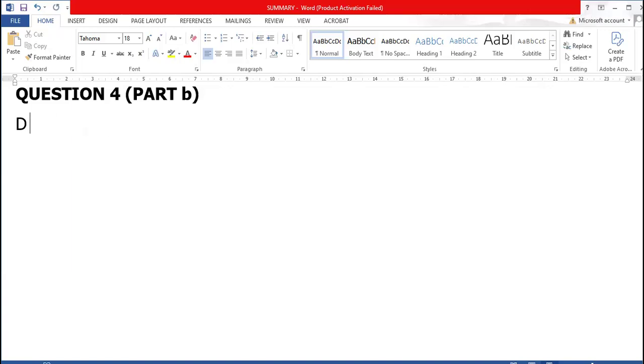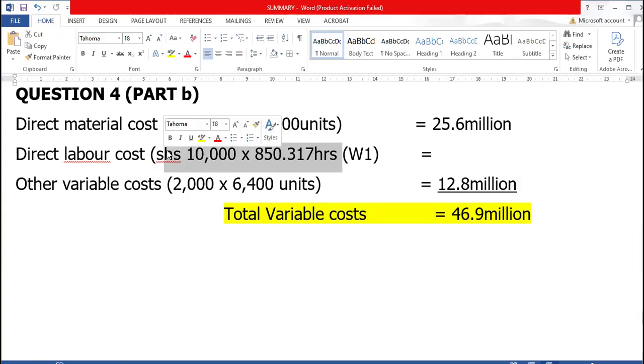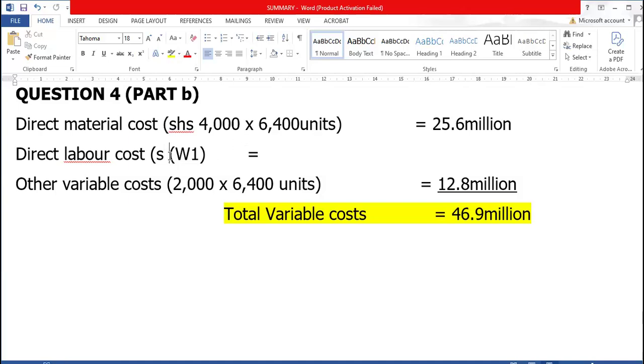Now this one will change. We are going to do a working.